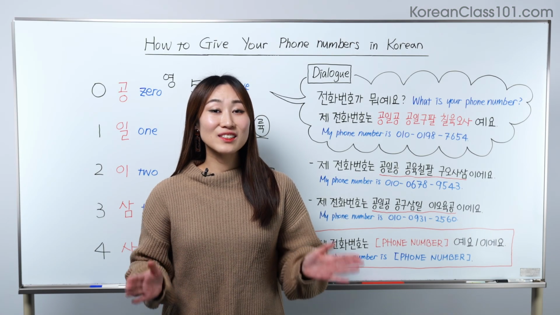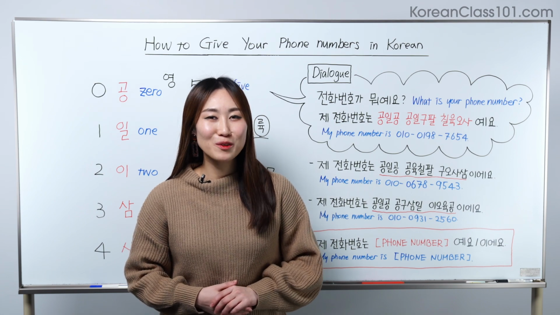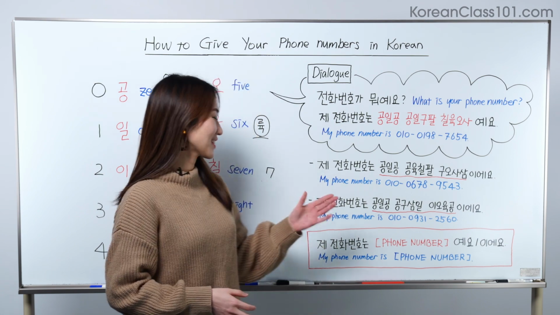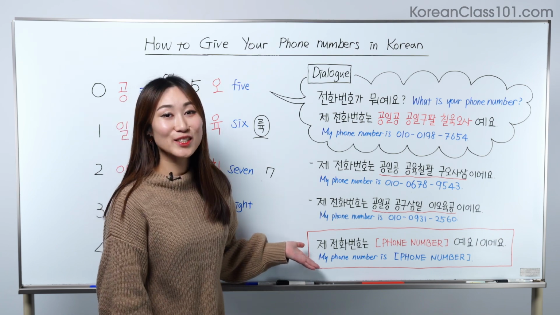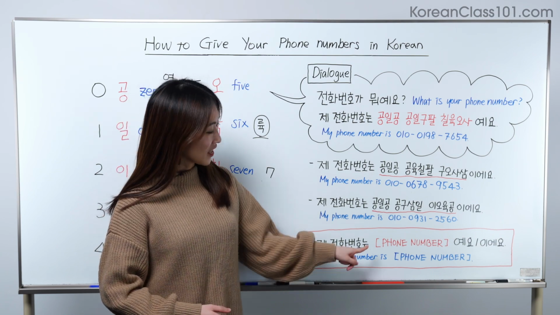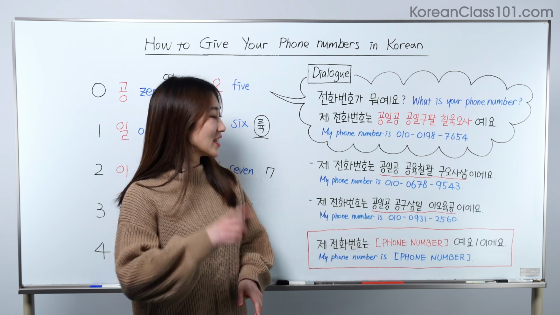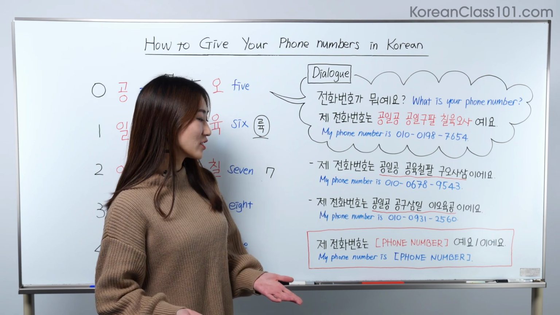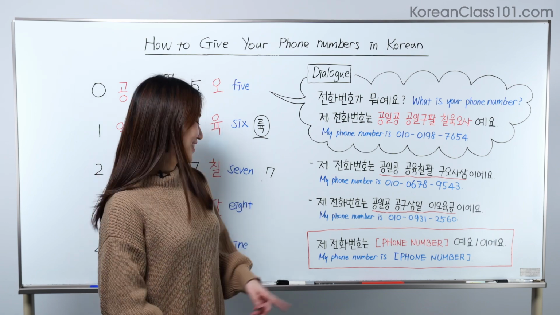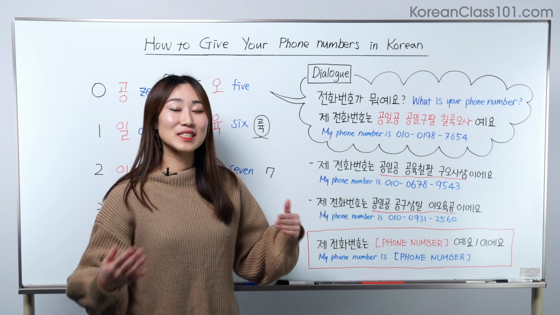In the dialogue and examples, you've probably noticed a pattern here. Yes, I kept use the same pattern here. 제 전화번호는, and say phone number, and 예요 or 이에요, which means my phone number is phone number. 제, again, it means my, right?